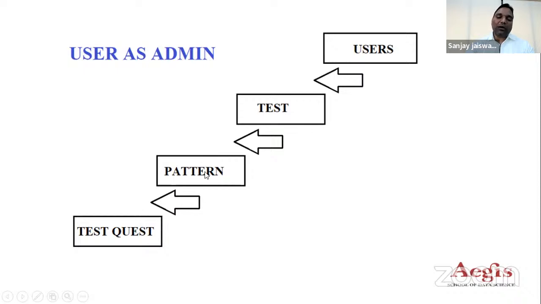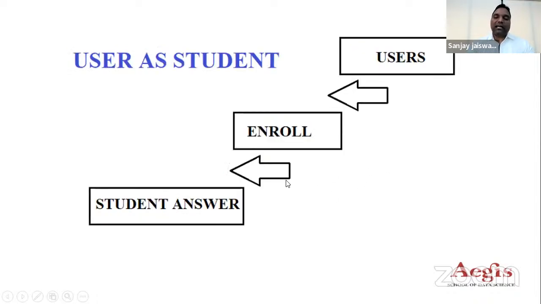And with multiple subjects, he might be able to select multiple topics and multiple chapters, and from those chapters the questions might be pulled. So a test will have some pattern, and from that he will be pulling all the questions. So a test will be created, and finally after the test is created, the third user would be student.